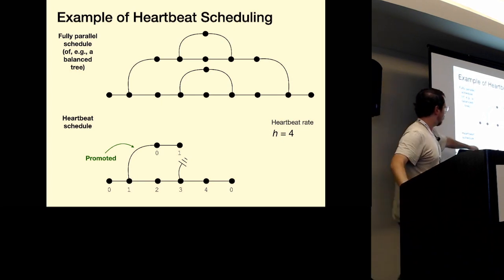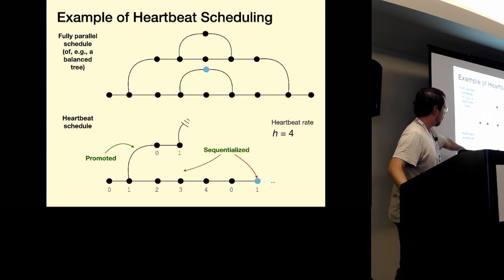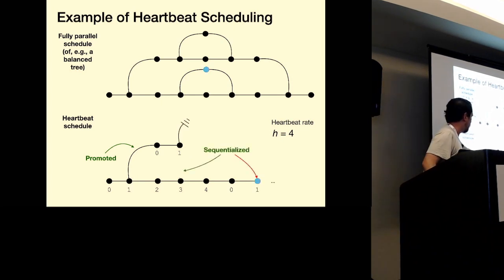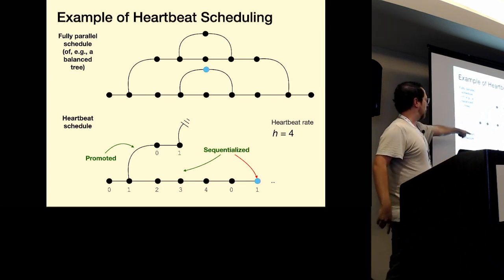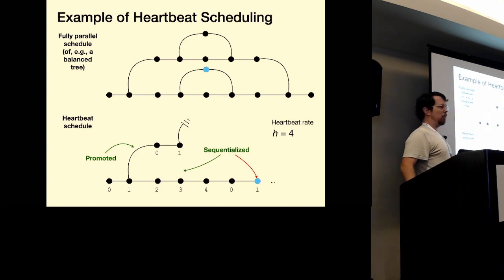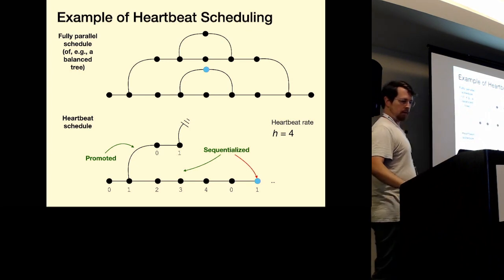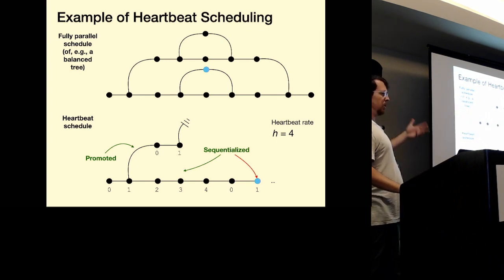After we've done the promotion, we're going to keep going sequentially. Effectively, because we've continued on, we've sequentialized this inner fork point, because it's small. There's no point in parallelizing it. That's the way that heartbeat gets its sequential efficiency.